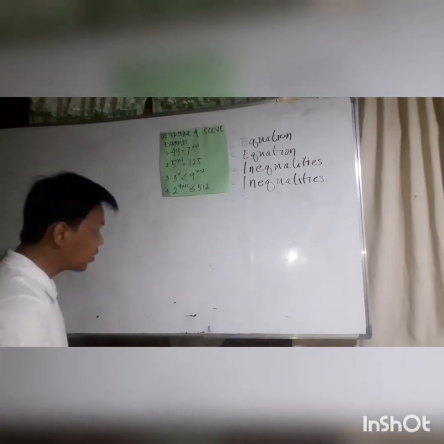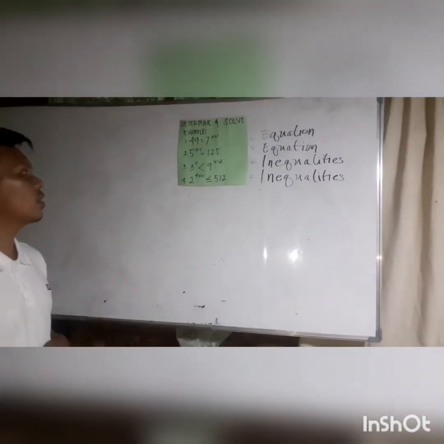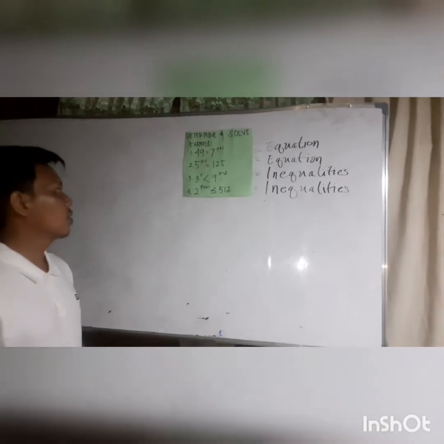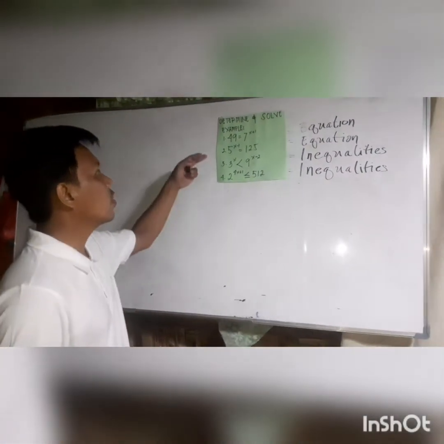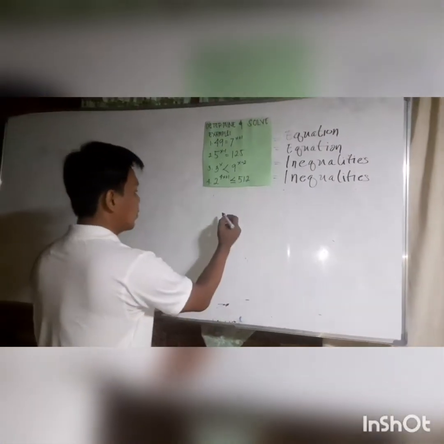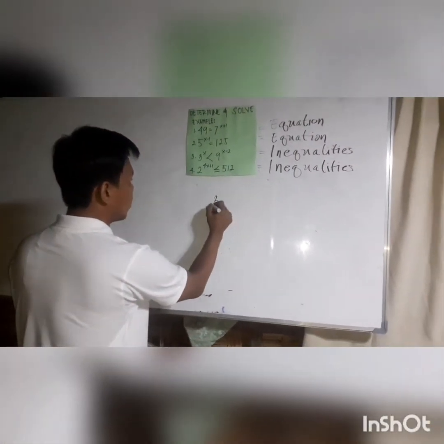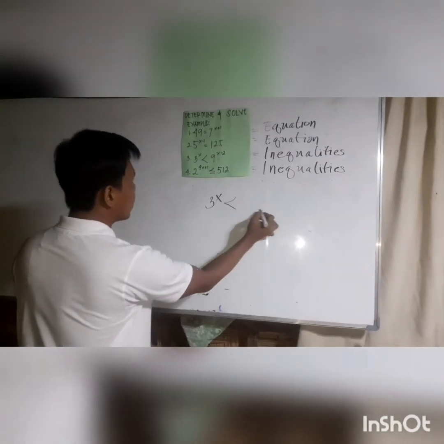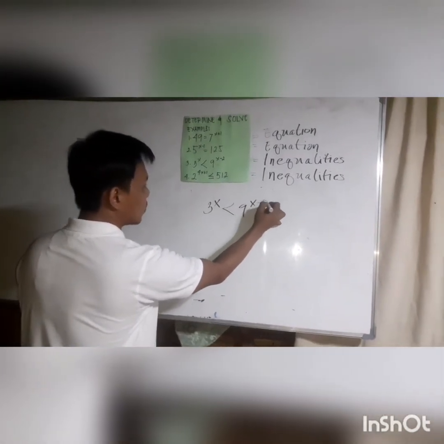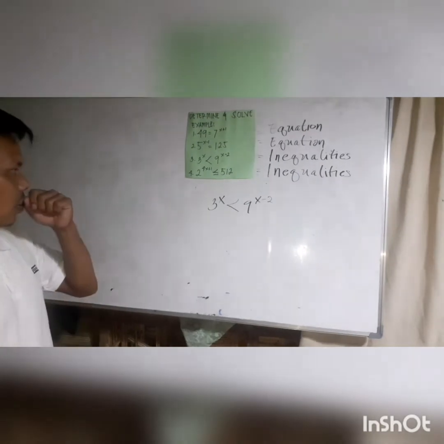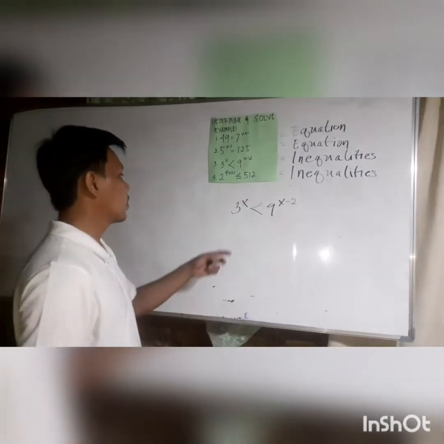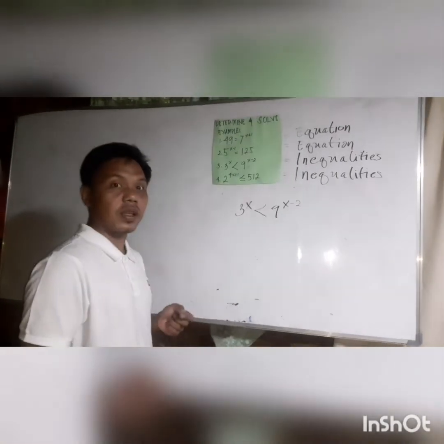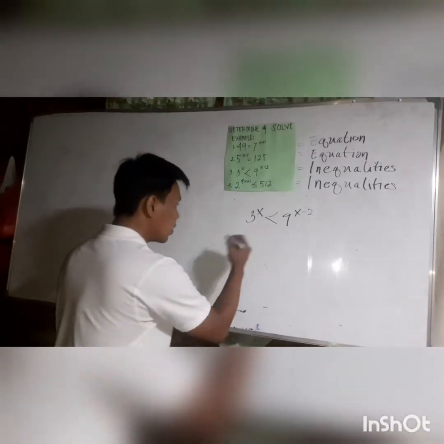So let's proceed to the inequalities. How do we solve inequalities? It's the same process as solving the exponential equations. 3^x is less than 9^(x-2). So this kind of given, same process with exponential equations.